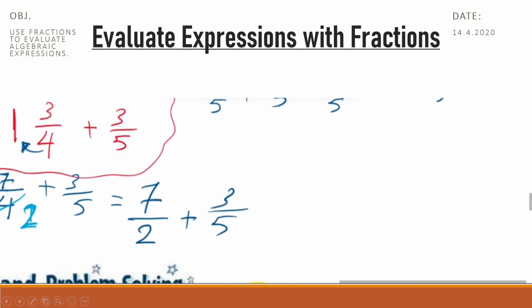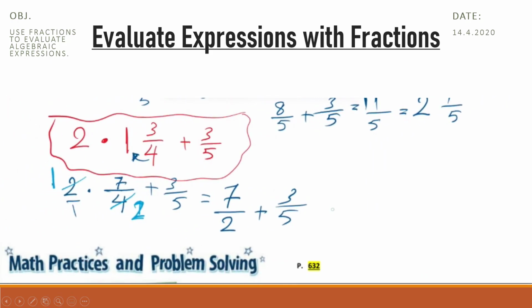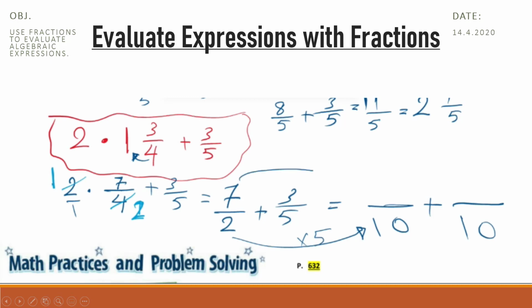How to solve this? We should have a common denominator. Okay, let's do it. Write the denominator, which is 10, and now 2 becomes 10. So multiply by 5. Do the same for 7. 7 should be also multiplied by 5, and 7 multiplied by 5 is 35.